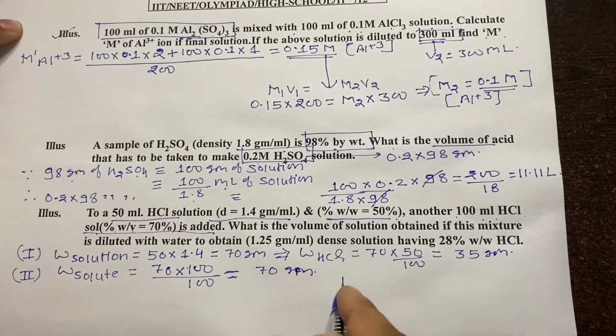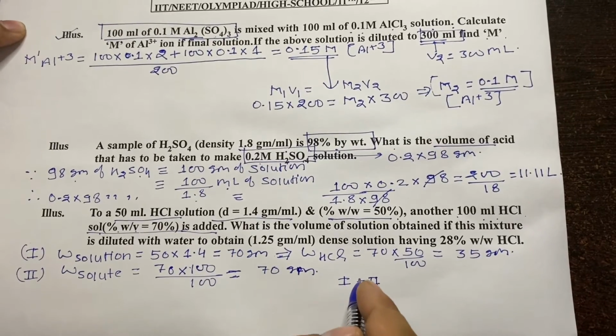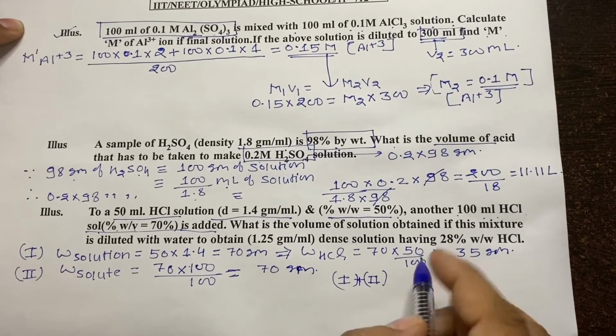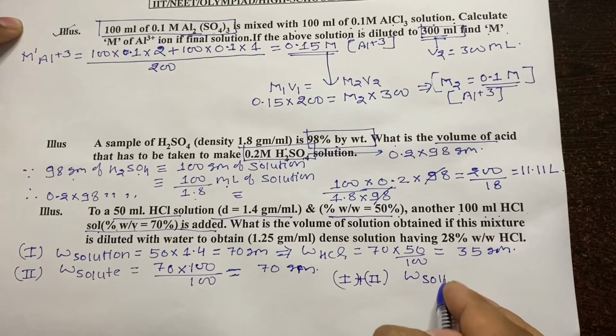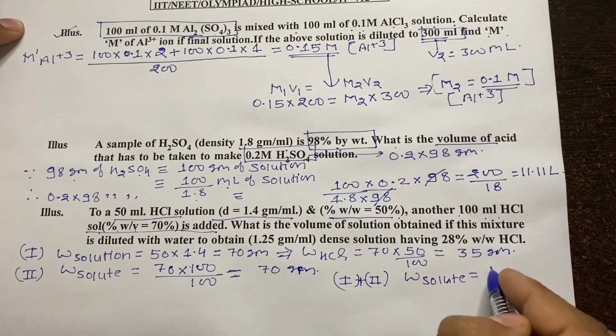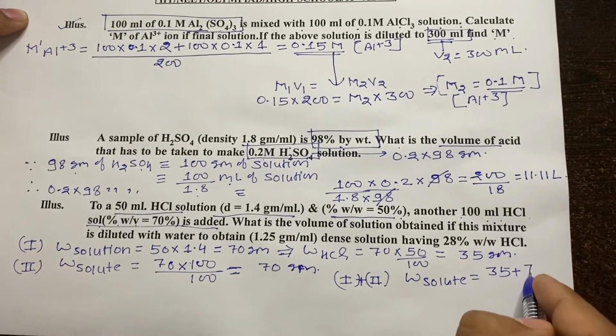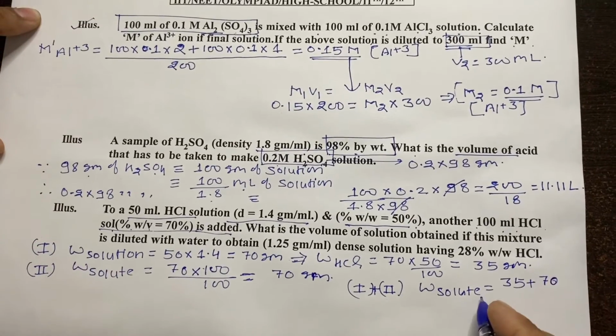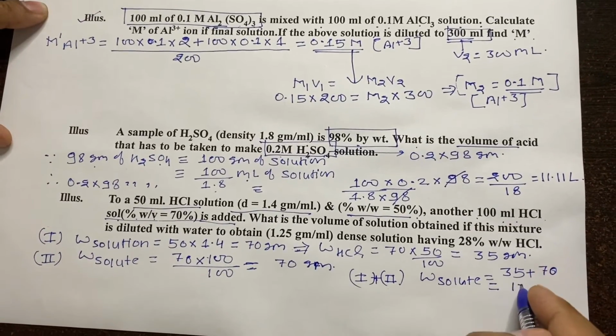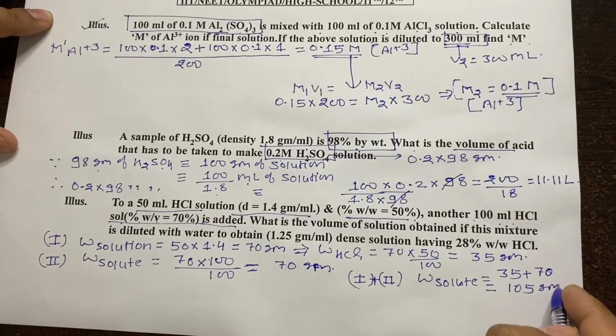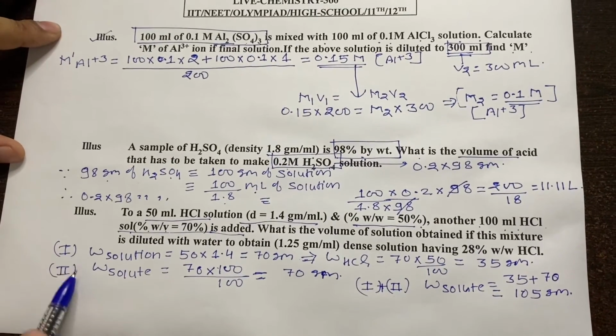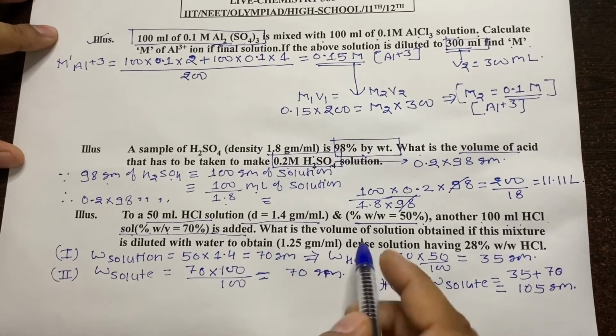So on mixing of 1 and 2, mass of solute will be equal to 35 plus 70, and it will be equal to 105 gram. So we are mixing the first and second solution.